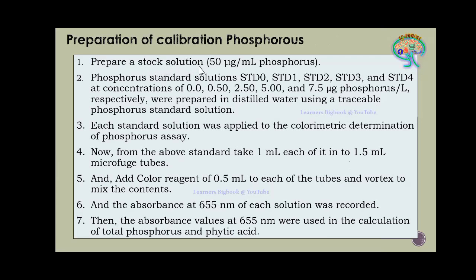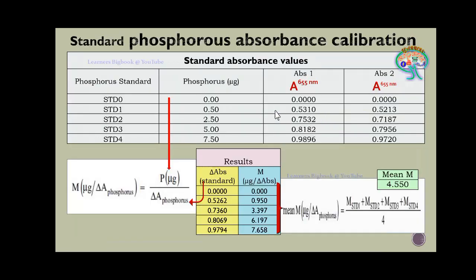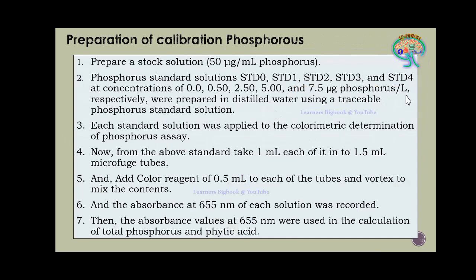Now here for the standard phosphorus, we are going to prepare a stock solution where 50 microgram per ml phosphorus will be prepared, where we are going to make standard solutions labeled STD0, 1, 2, 3, 4, and these concentrations correspond with STD 1, 2, 3, 4, like 0 will be blank, 1 will be 0.5, standard 2 will be 2.5, standard 3 will be 5, and 7.5 microgram phosphorus for standard 4.